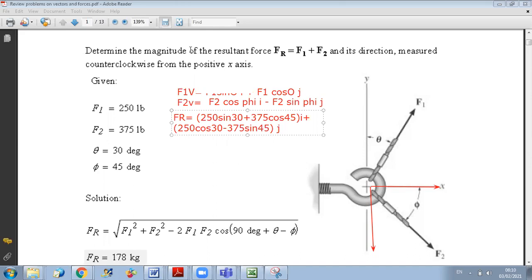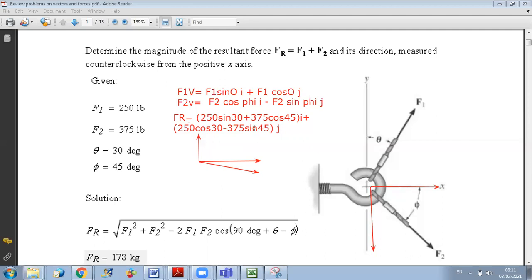If we represent it now, I think this will give a negative result. Okay, so it is like this. It is in the fourth quadrant. Okay, and they are telling me to find the direction counterclockwise.